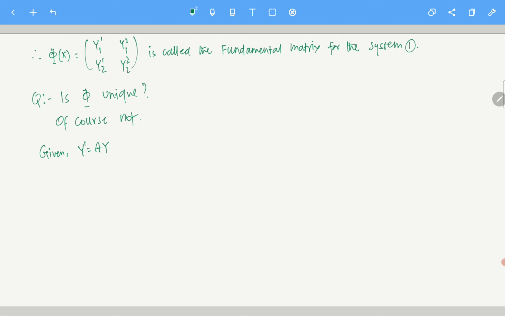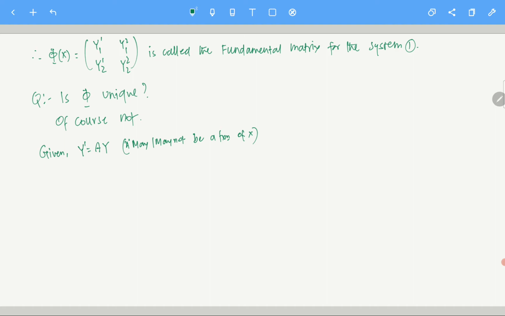It can be constant, no issues, but generally it is a function of x. The matrix A may or may not be a function of x.